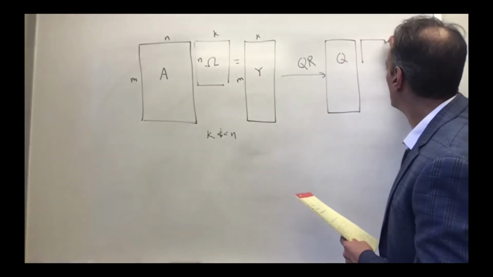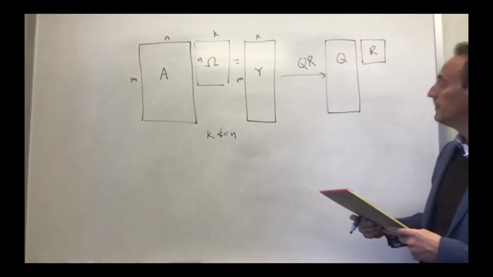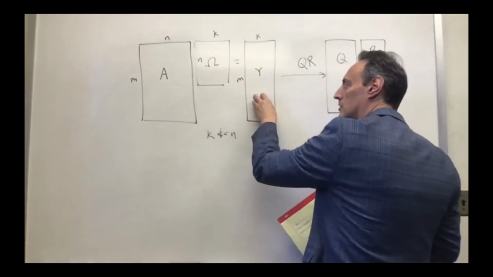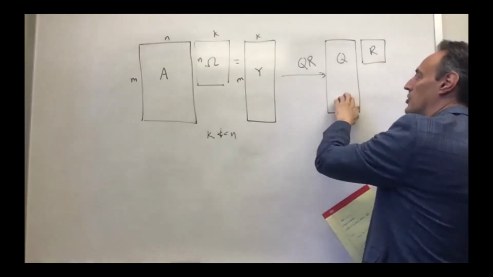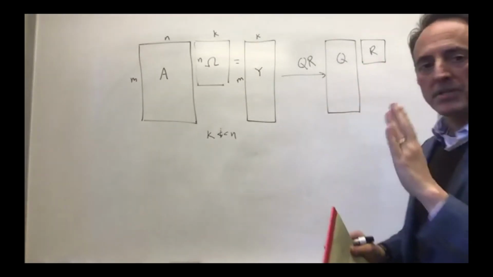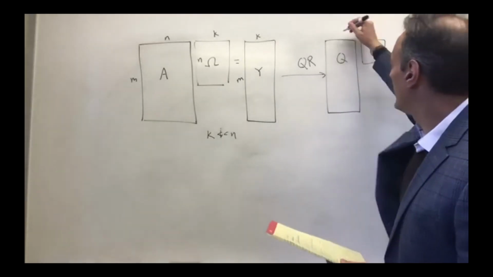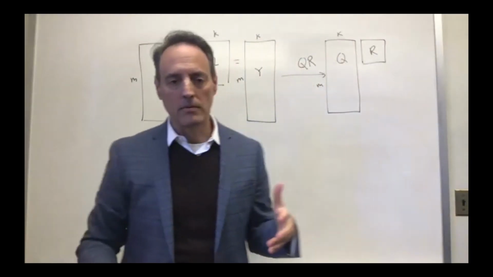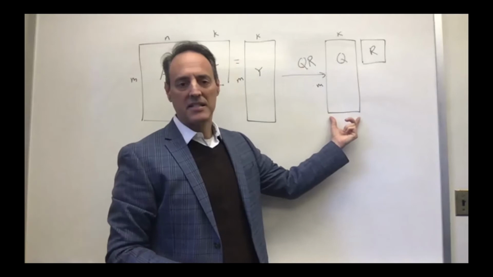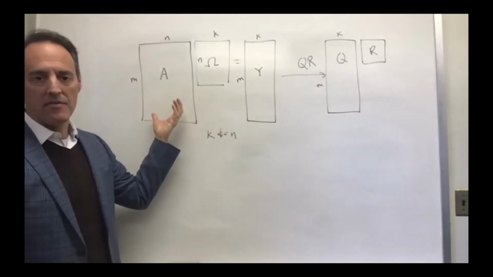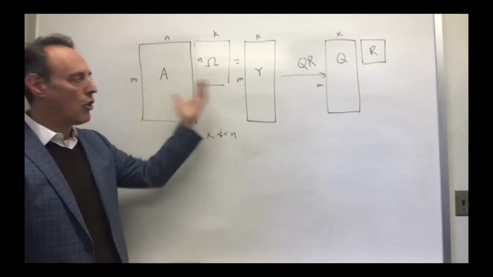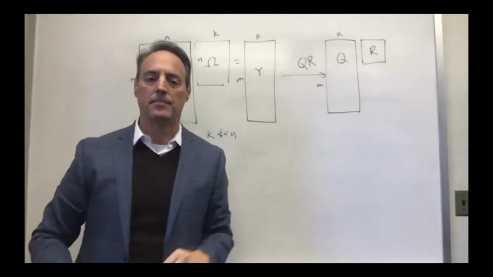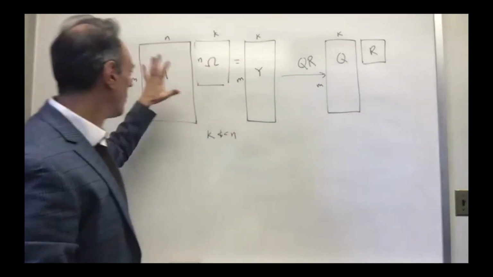I randomly sample through random projection, do the QR, and now this Q has k columns, and those columns are orthonormal. In some sense, this is spanning the column space of this much larger matrix A. That's the whole concept: by random projection, create a coordinate system which spans where my data lives.